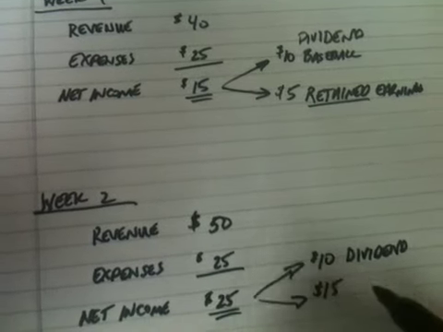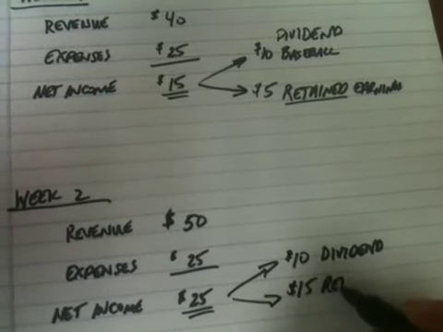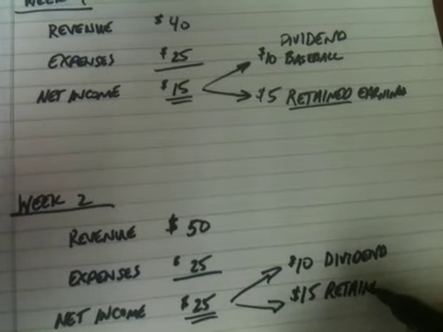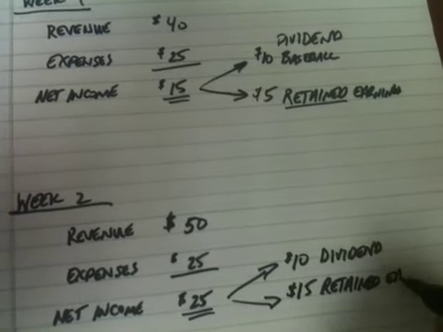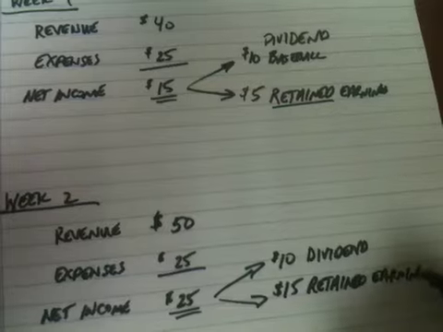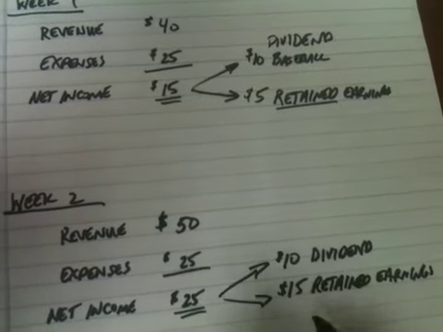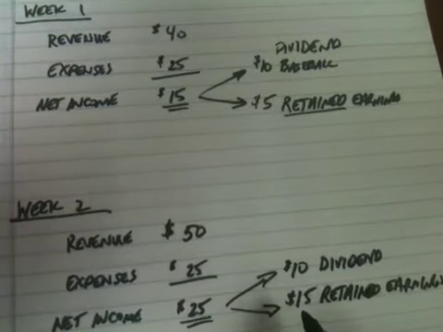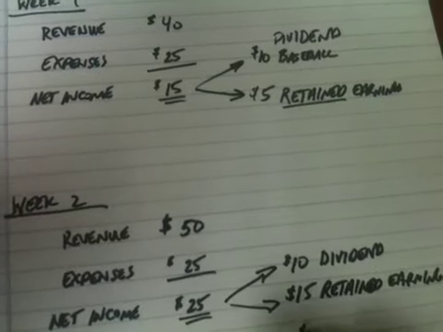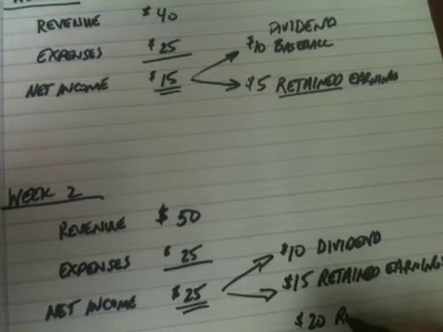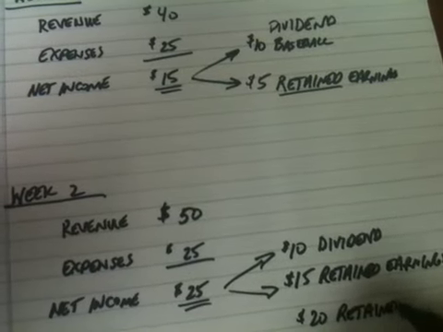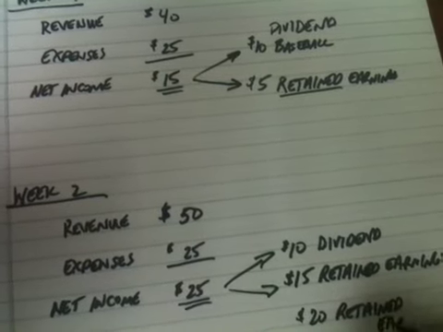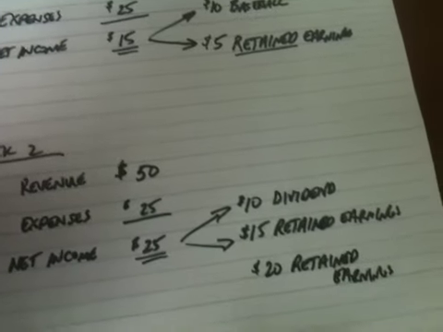That means the other $15 is going to be retained in the business, and so it's retained earnings. And so you add that again. The account already had $5 in it, so it's got 15 more. So the retained earnings account is $20 at the end of 2 weeks.